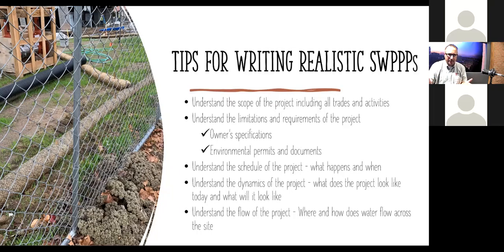Now, I get it. I understand. I saw Zach Wong's on the call here. He's a civil engineer. There's nothing harder than writing a SWP than for a civil engineer, because when the civil engineer is writing it, so little is known about the project.